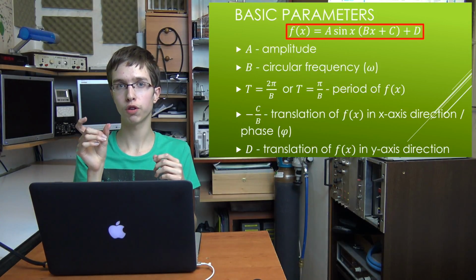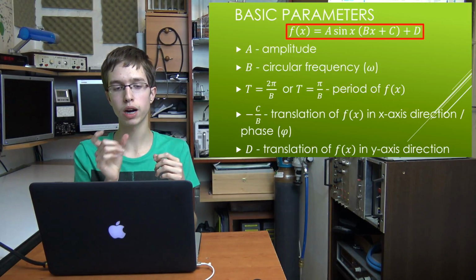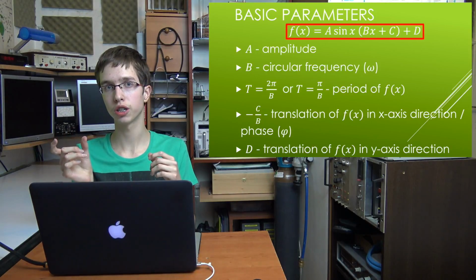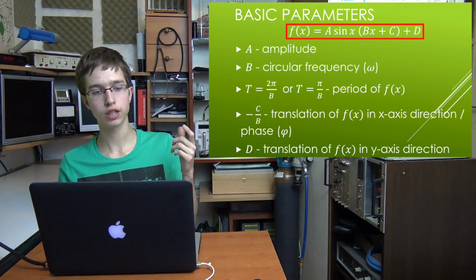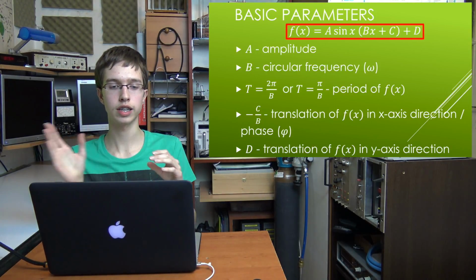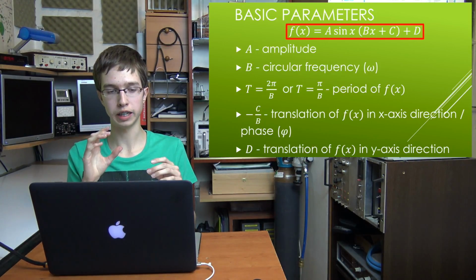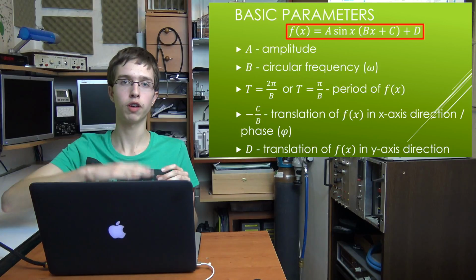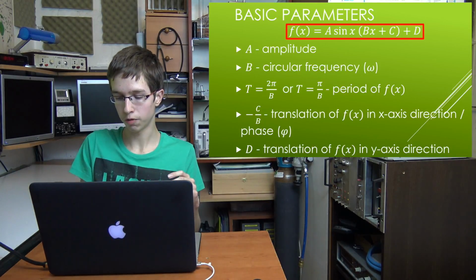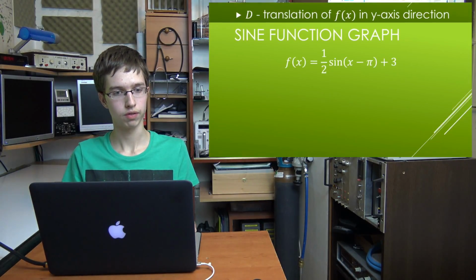The basic period for cosine and sine is always 2 pi, and for tangent and cotangent always pi. Minus c over b is the translation in the x-axis direction, also called phase, phi. And d is the translation of the f of x function in the y-axis direction.